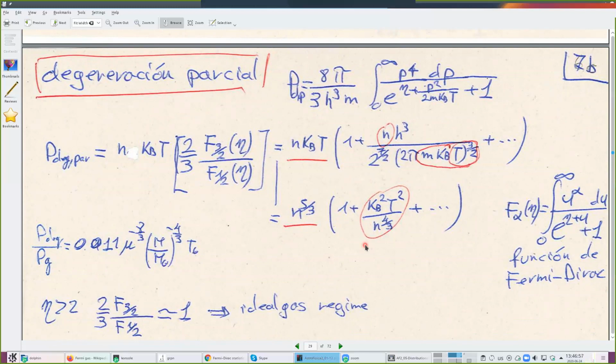That is the reason why, as you increase the temperature, when the thermal energy gets nearer and nearer to the Fermi energy due to the density, the equation of state starts to move from this approximation more toward this approximation.